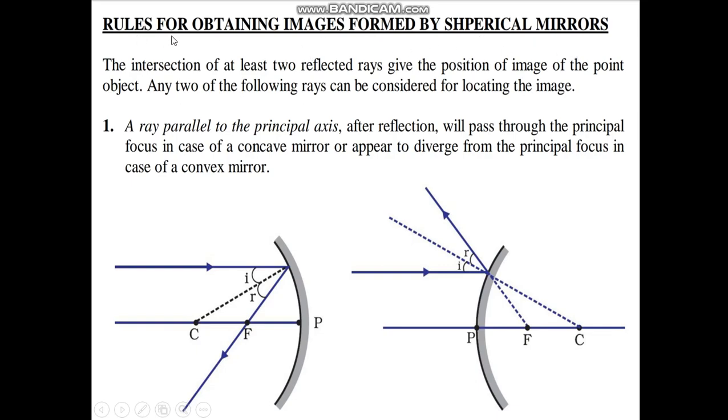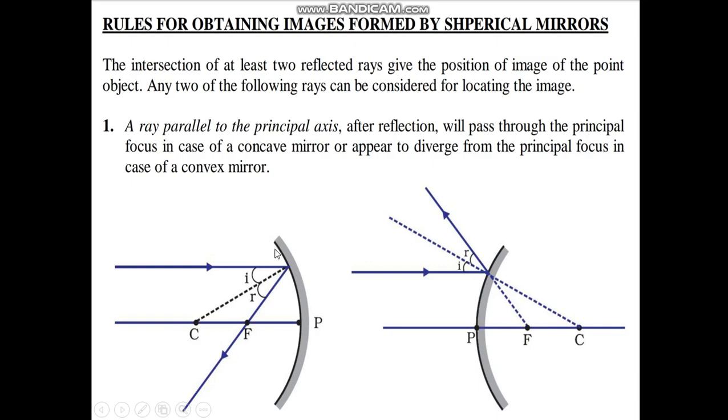What are the rules that we should follow while formation of an image? So first of all, you have to remember that at least two reflected rays you have to take for the formation of an image. So first rule is, if the incident ray is parallel to the principal axis.